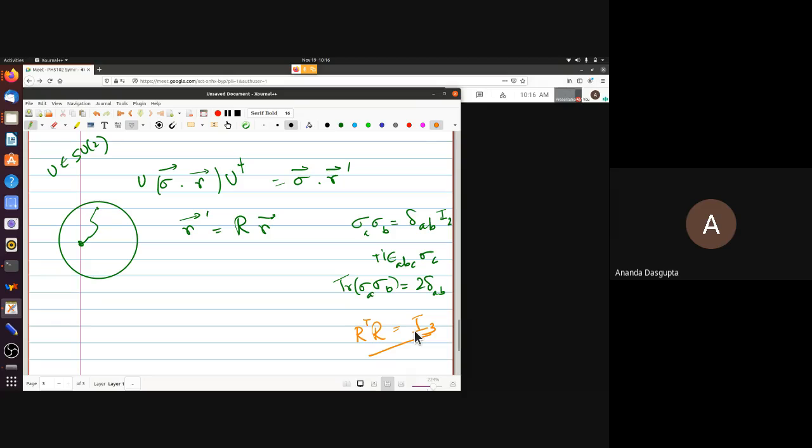So the real part of the argument is that there are infinitely many possible values for the matrix R, but only two possible values for the determinant of R. And that is precisely why you start at 1, you stay at 1. So the determinant does not change at all, it goes through as 1 throughout. So R belongs to SO3. So this is a map from SU2 to SO3.